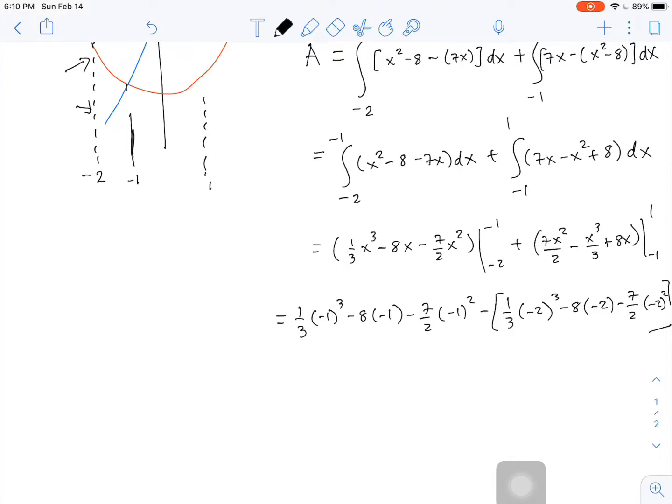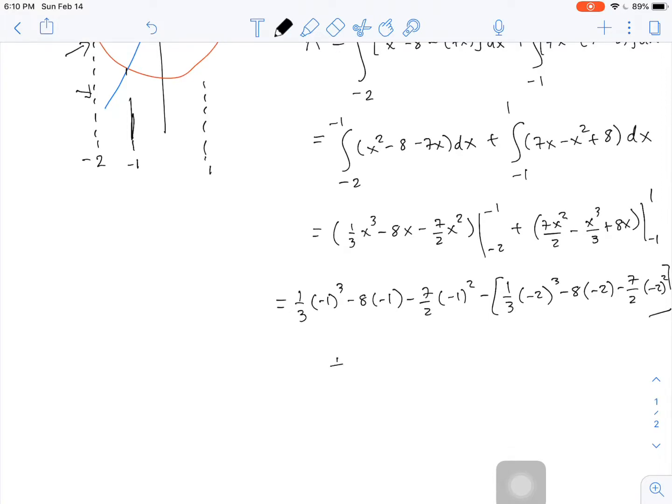So this is the first part. The second part is 7/2 times 1 squared minus 1 cubed over 3 plus 8 times 1, minus, do again, 7/2 times -1 squared minus -1 cubed over 3 plus 8 times -1.